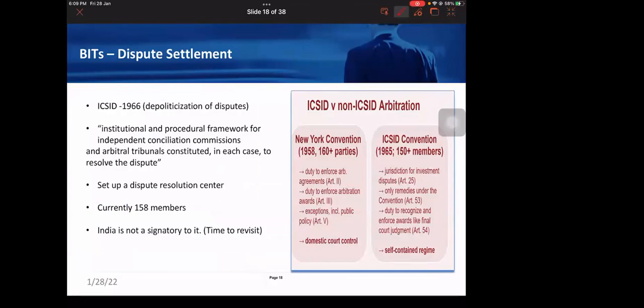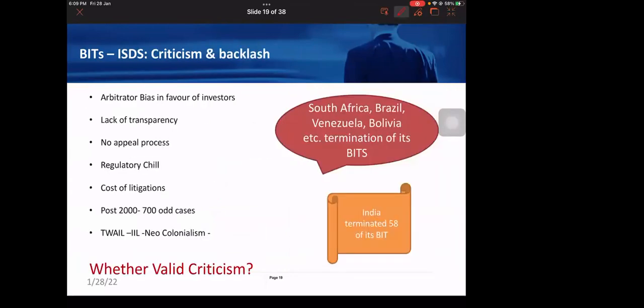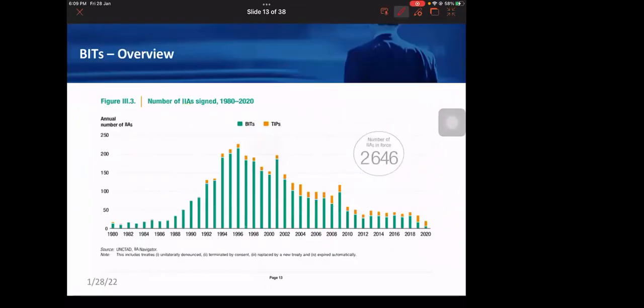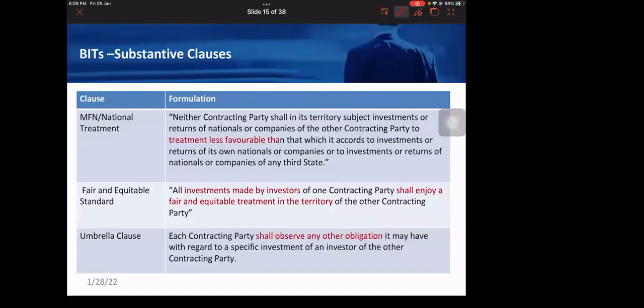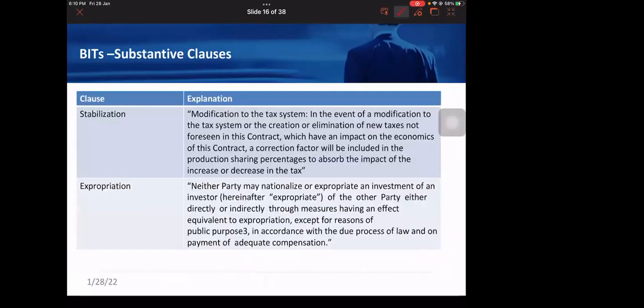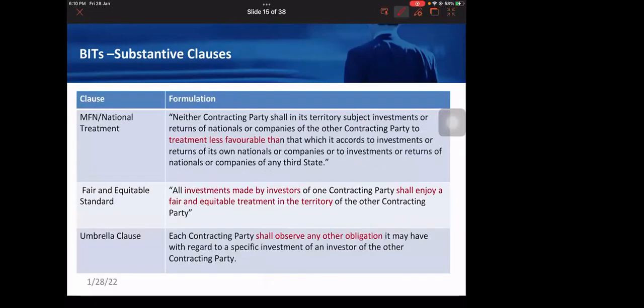Now, I missed one slide in between. So that slide, what essentially it talks about is the principles.